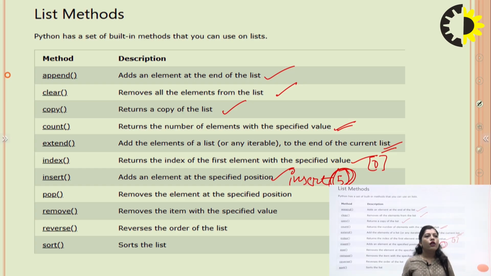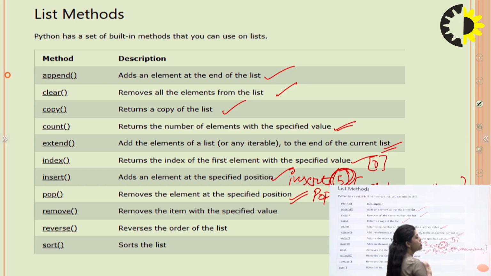Next is pop. The pop method is used to remove or delete an item from the list, for example, remove the element at the specified position. For example, we have a list: apple, banana and cherry.